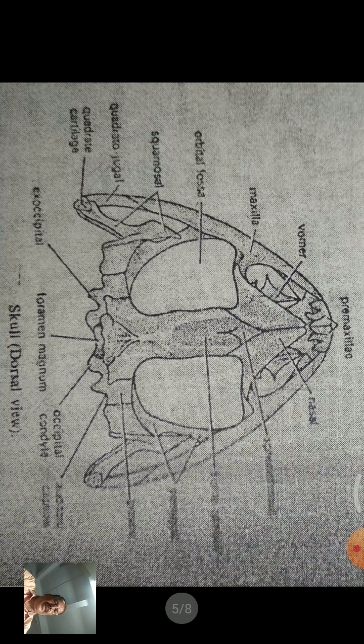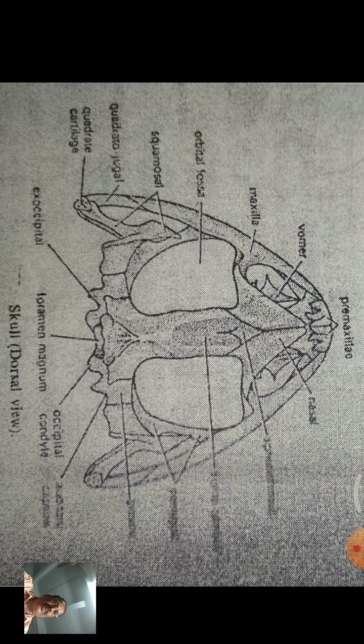The diagram shows the dorsal view of skull bones. It consists of parts like premaxillae, vomer, maxilla, orbital fossae, squamosal, quadratojugal, quadrate cartilage, exoccipital, foramen magnum, occipital condyles, nasal, squamosal, and then pterygoid.